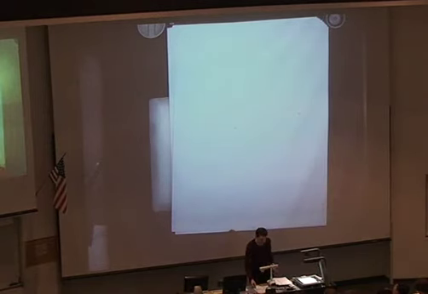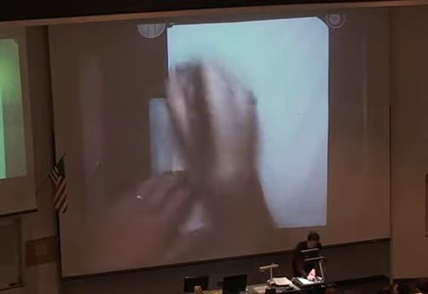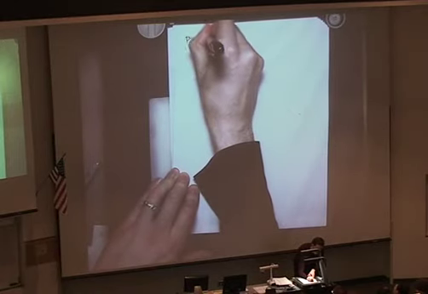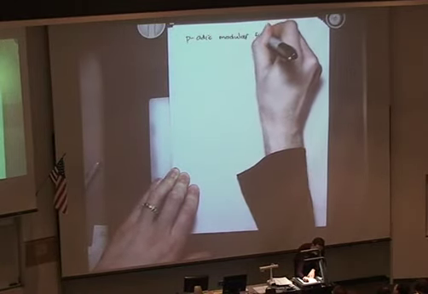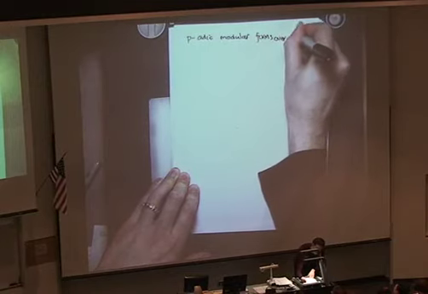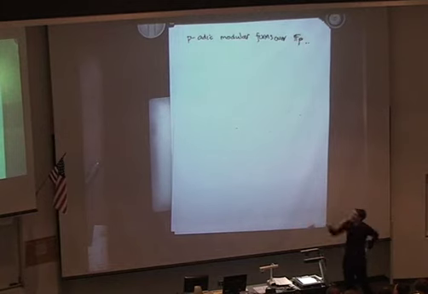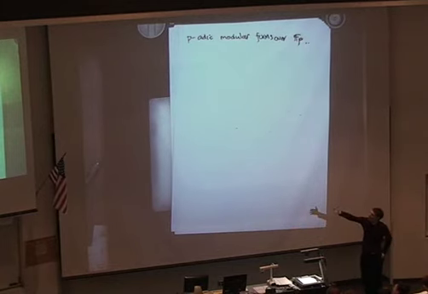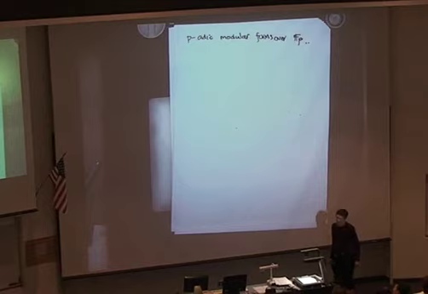So first, let's think about p-adic modular forms mod p. So what are p-adic modular forms over F_p? Well, again, it's just like modular forms, except we only need to evaluate them on the ordinary locus, which means we're evaluating them once we've removed the supersingular points.